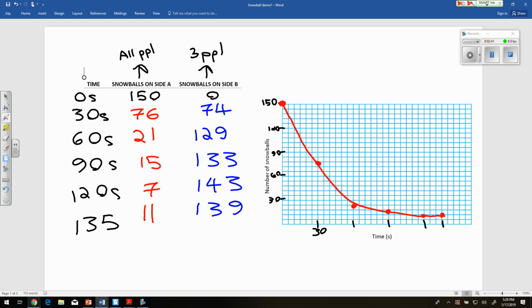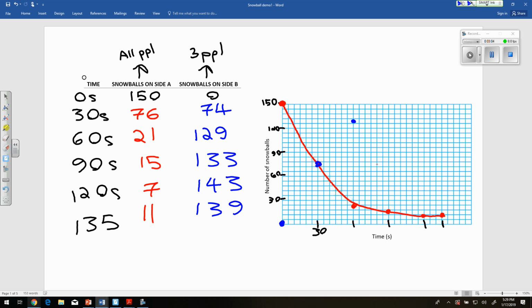Then let's do the snowballs on side B, and we'll do that in blue. They started with no snowballs. There were only 3 of them. At 30 seconds, they had basically the same number as side A. At 60 seconds, they had 129, which is probably here.